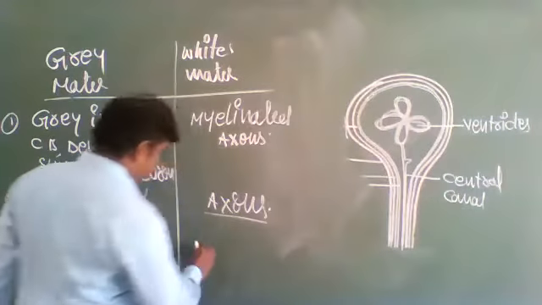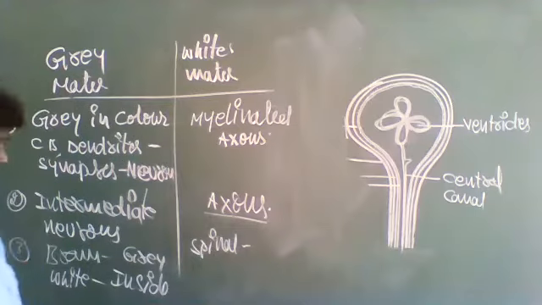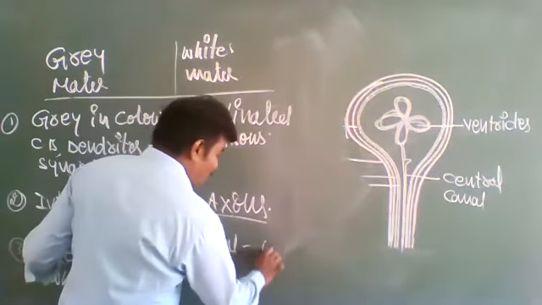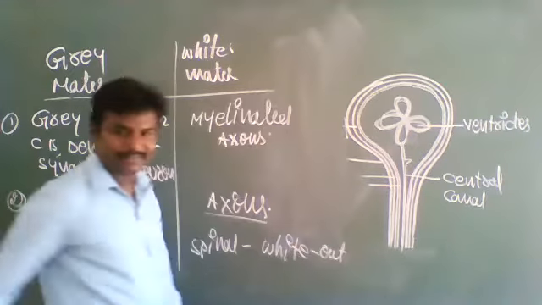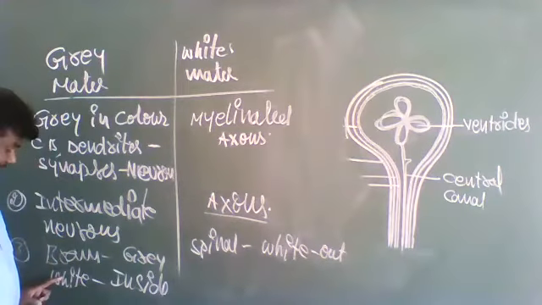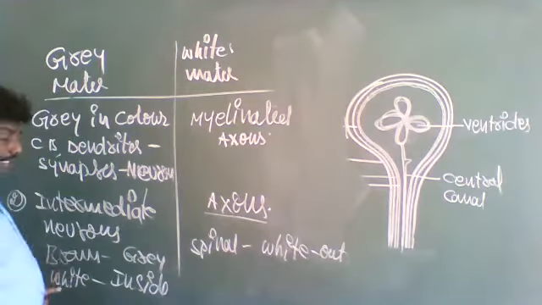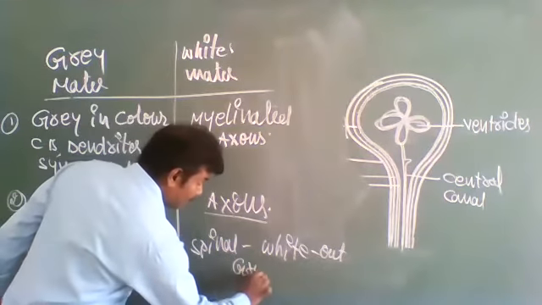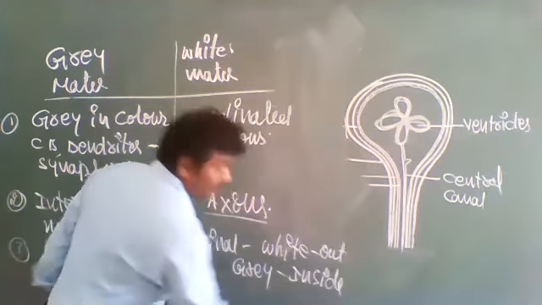Whereas in the spinal cord, it is opposite: white matter is outside and gray matter is inside.